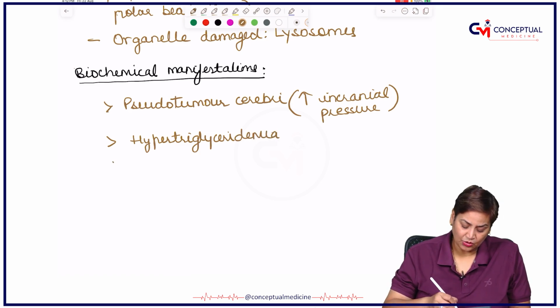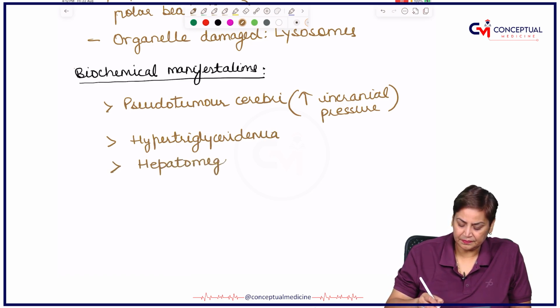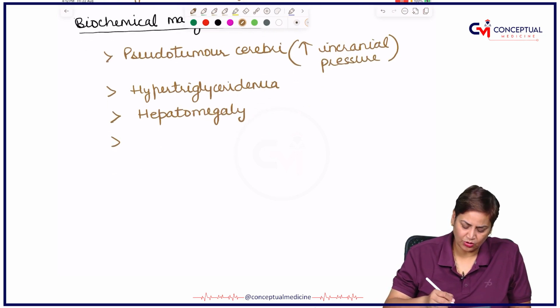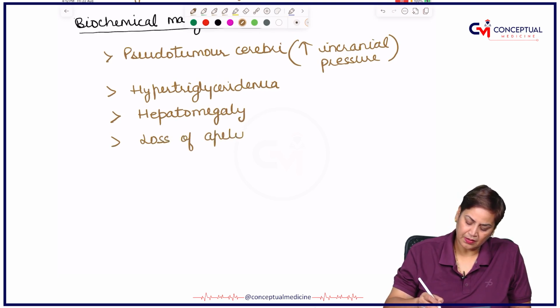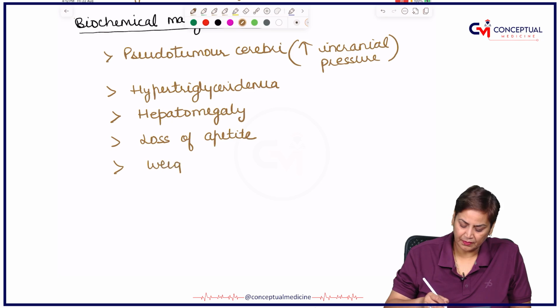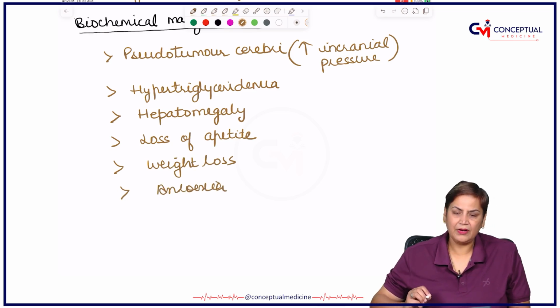Obviously it is in the liver, so the liver will be enlarged, so hepatomegaly will be there, right? And then there is a loss of appetite also. Loss of appetite will lead to weight loss, anorexia will be there, right?